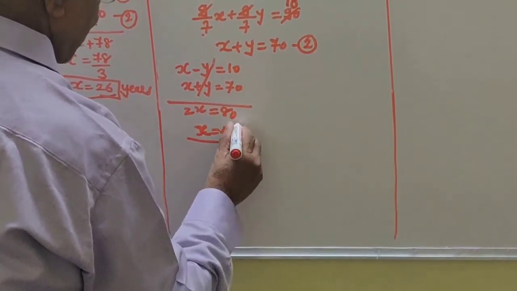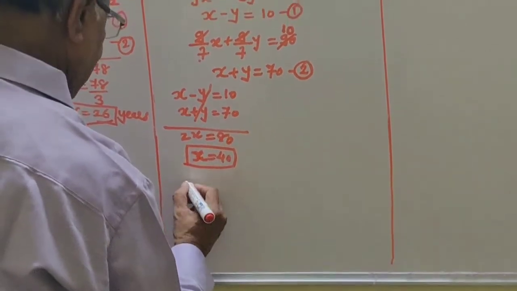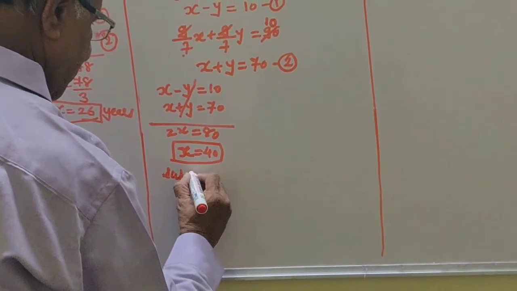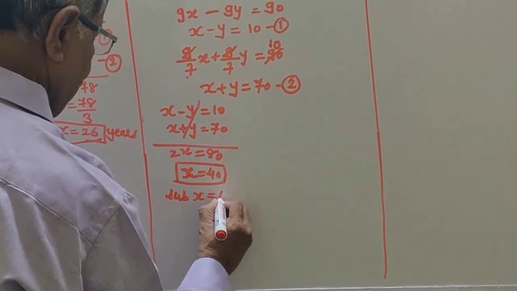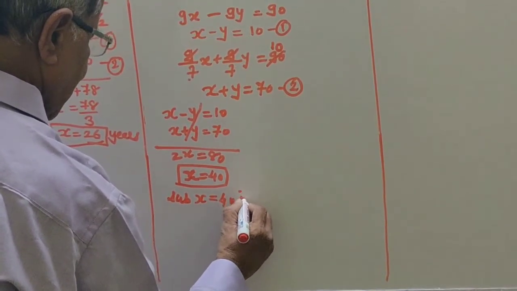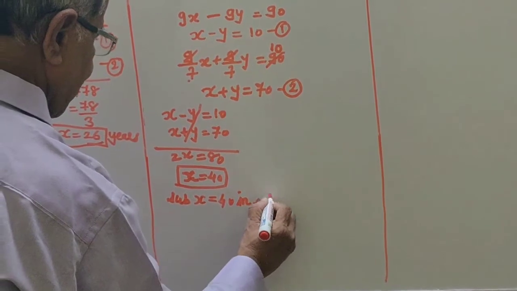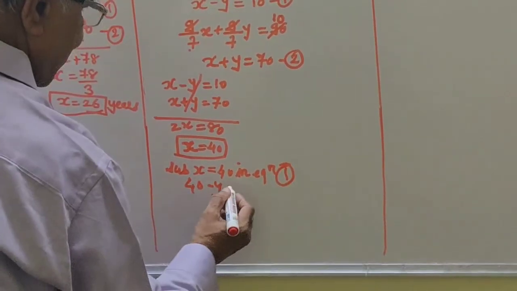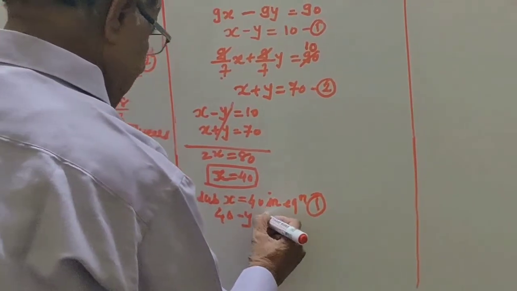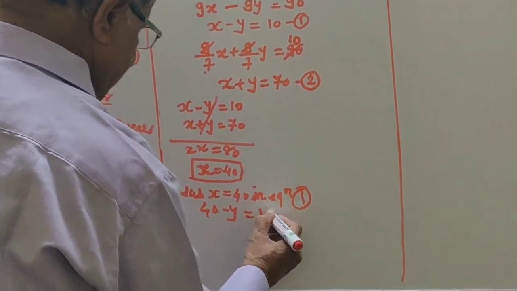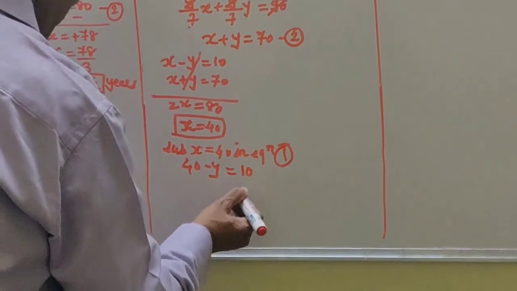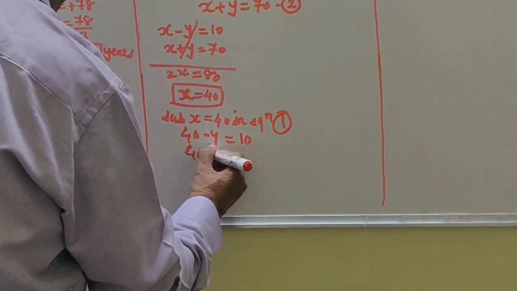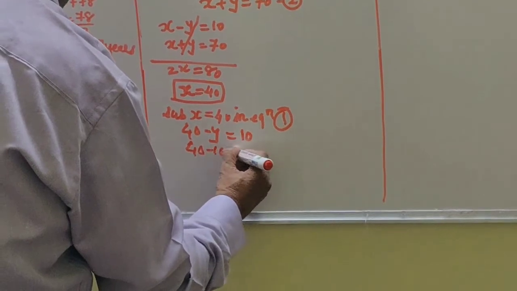Okay, now I will substitute this value x is equal to 40 in equation 1. Means 40 minus y is equal to 10. Okay, I will transfer here. 40 minus 10 will come here is equal to y.